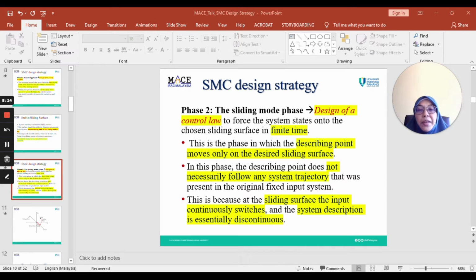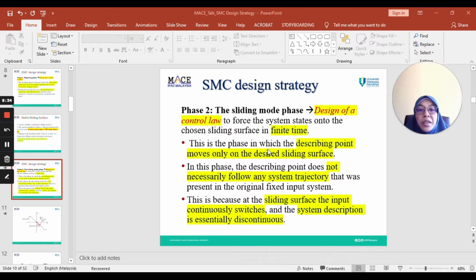So the second phase is the sliding mode phase, where we design our controller to force the system states onto the chosen sliding surface in finite time, which is how we accomplish objective number 2 and also requirement number 2.